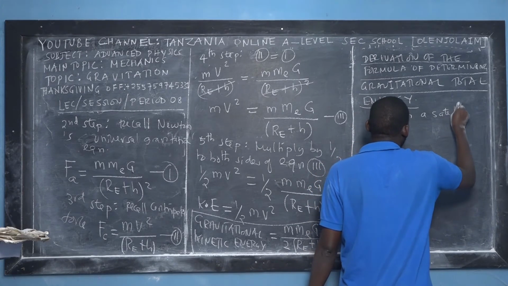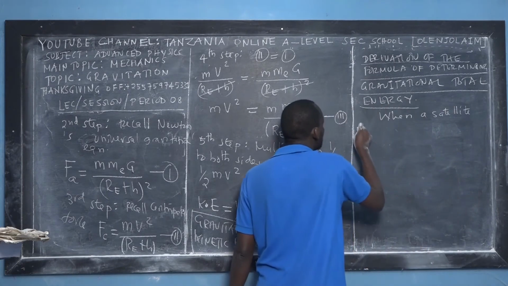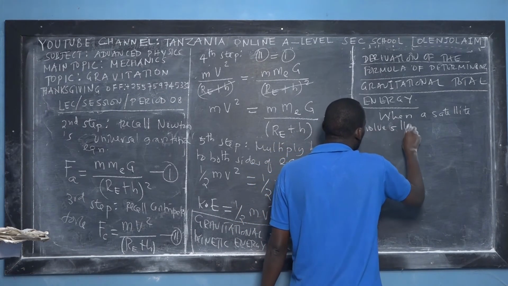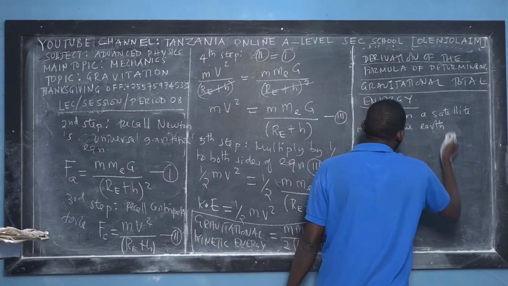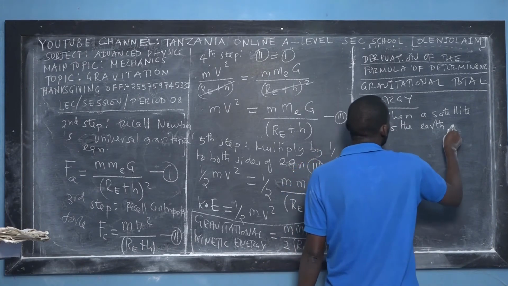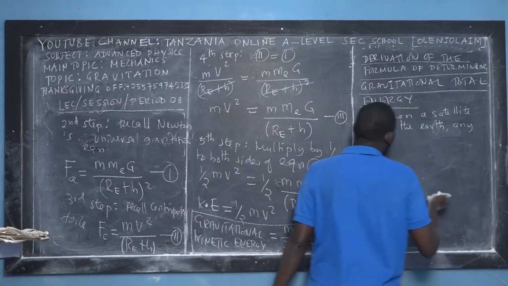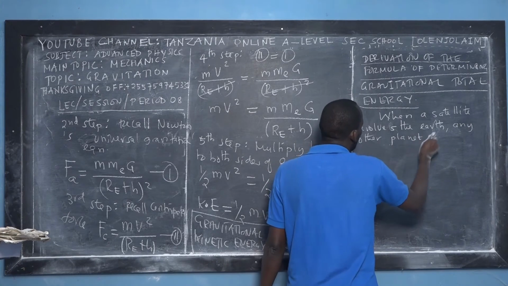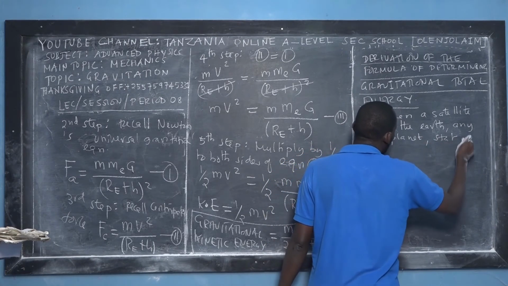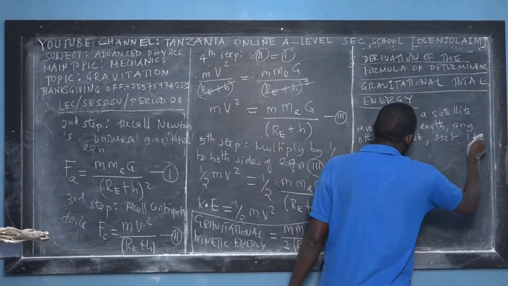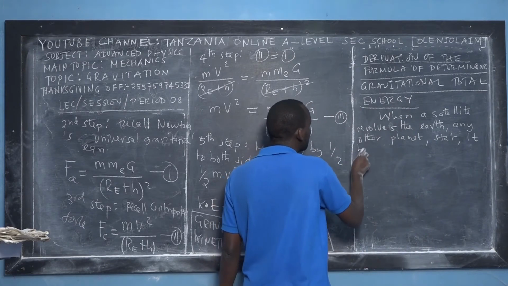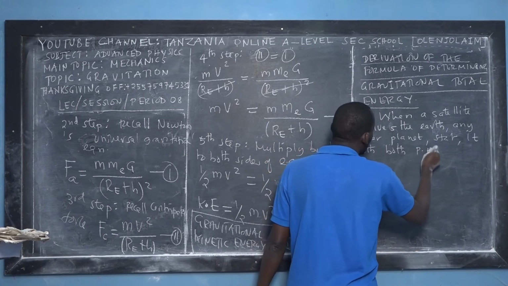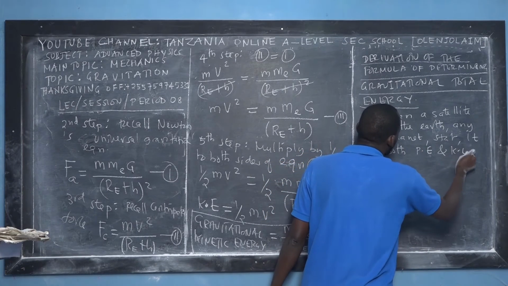When a satellite revolves around the Earth or any other planet or any other star, it possesses both gravitational potential energy and kinetic energy.